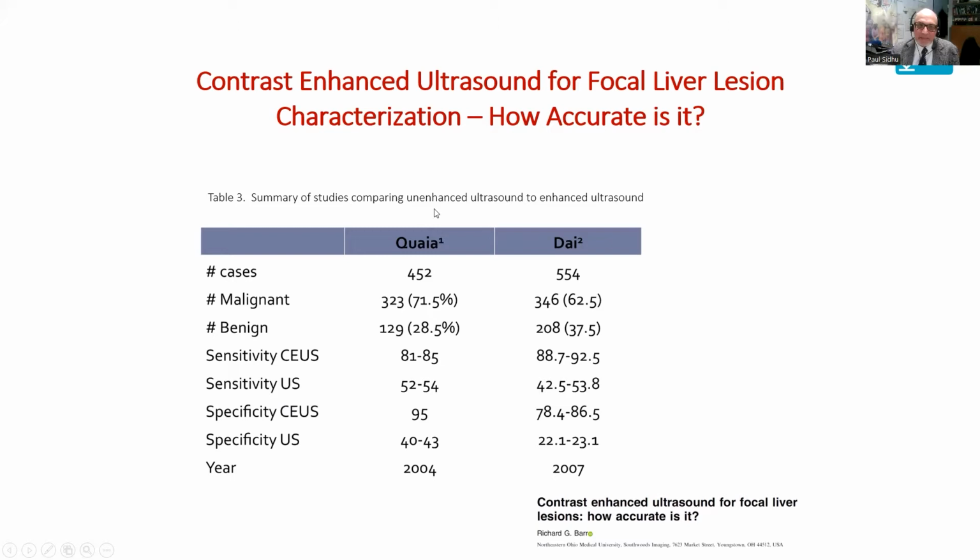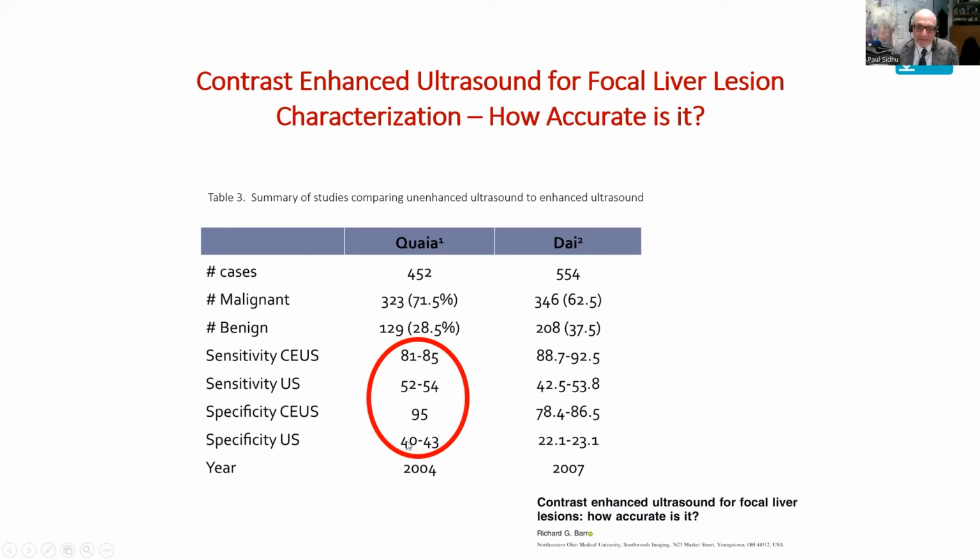Well, first of all, let's compare unenhanced ultrasound to contrast-enhanced ultrasound. How good is contrast-enhanced ultrasound in comparison to this baseline examination? Well, there are two studies here, and I'm going to highlight the study by Quare, looking at 452 patients where the sensitivity of contrast-enhanced ultrasound in comparison to baseline ultrasound increased from 52 to 81%.